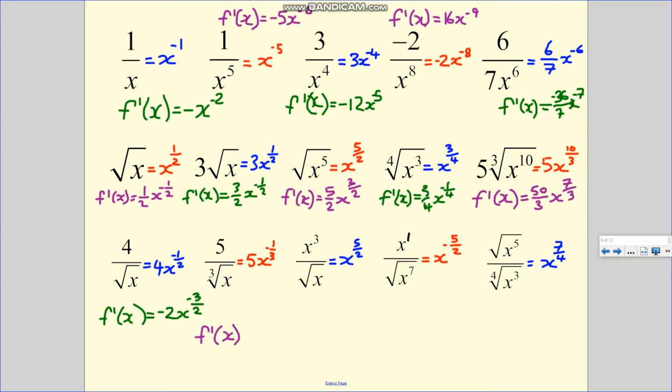F dashed of x in this case is going to be negative 1/3 times 5, so it's negative 5 over 3 x, and I'm taking away 3/3 from already negative 1/3, so negative 4/3.